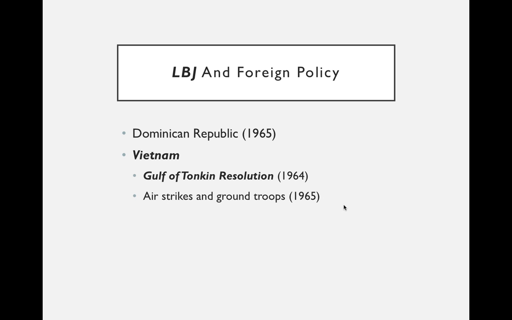Johnson argued that if we did not intervene and prevent the more leftist politician from being elected, this would turn into another Cuba. But nobody really expected America to get very much more involved in Vietnam.